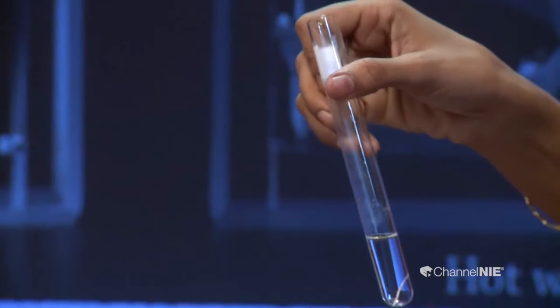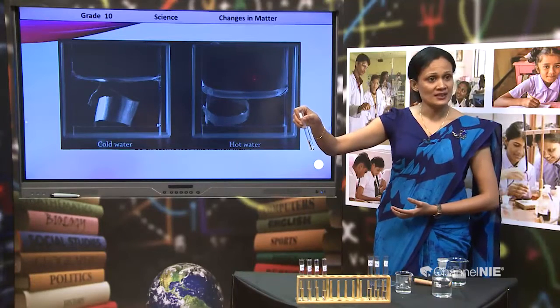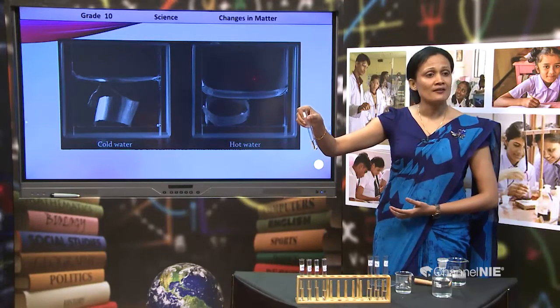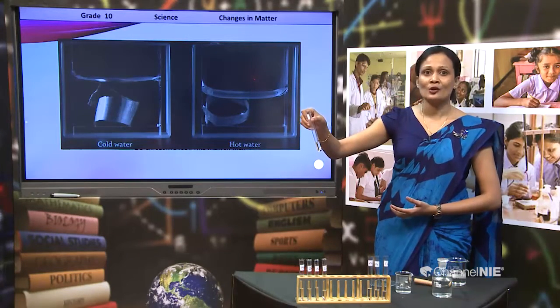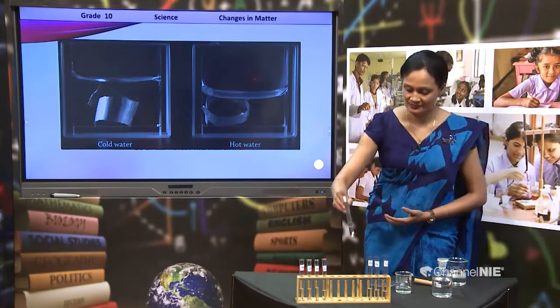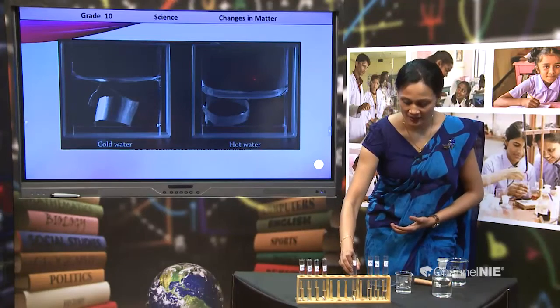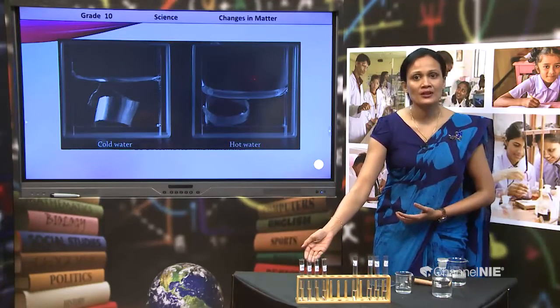I think it is clear to you. That means magnesium reacts with hot water, but it does not react with cold water. You can compare with the test tube with cold water.